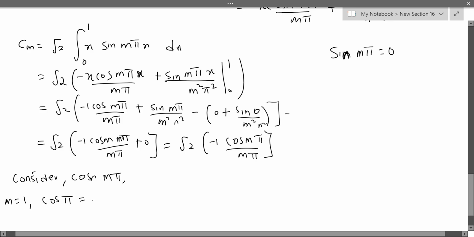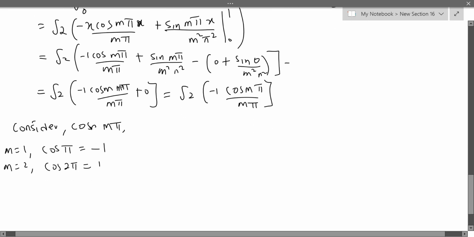Cos pi will give you minus 1. If m is 2, you get cos 2 pi. This will give you 1. Let's do it up to 4. If m is 3, you get cos 3 pi, which will give you minus 1. And if m is 4, you get cos 4 pi, which will give you 1.